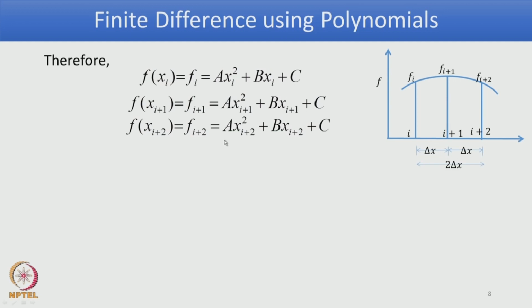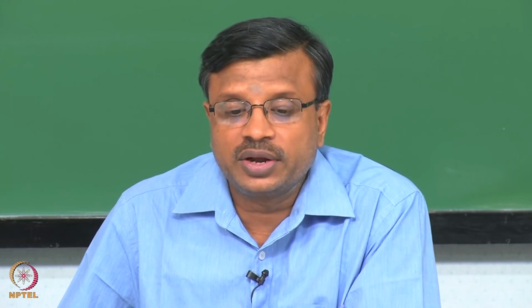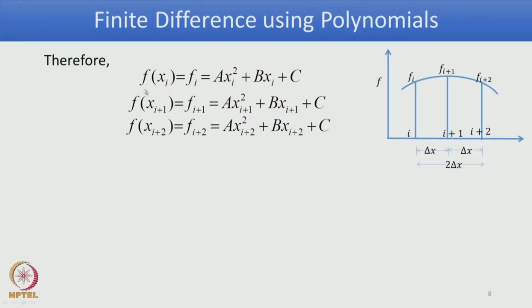Why do we express the function at 3 points? Because we have 3 coefficients a, b, c for the quadratic polynomial a x squared plus b x plus c. So you can immediately get an idea: if it is a polynomial of degree 5, then we need the function value evaluated at 5 nodal points.